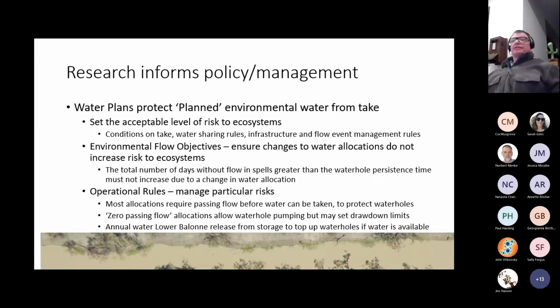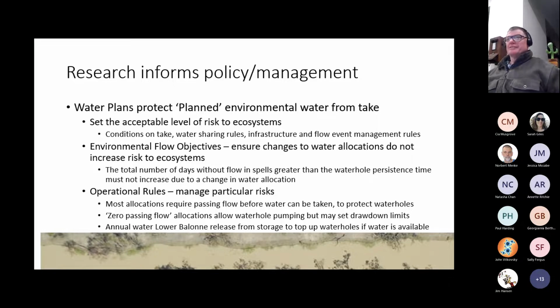So moving into all of this, how it gets used in the water plans. First of all, most of the protection of the environment in Queensland water plans is through planned environmental water, which basically leaves water in the system that's not taken out by users.